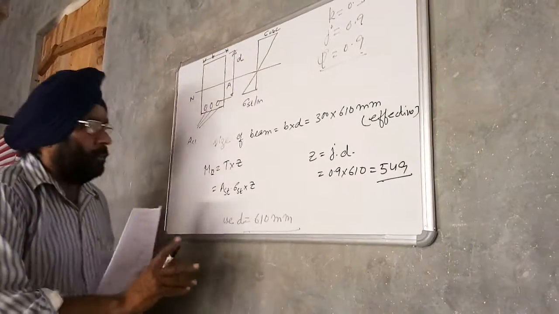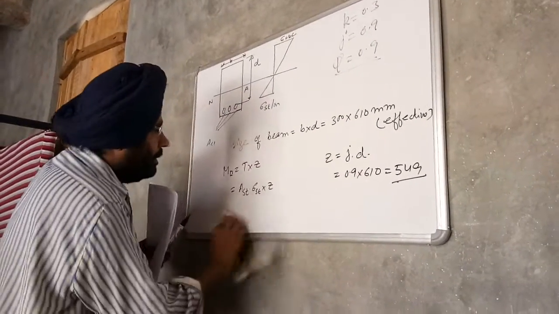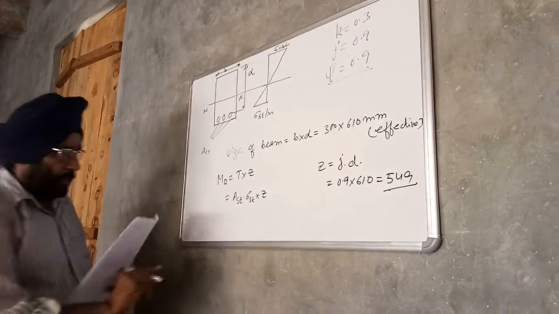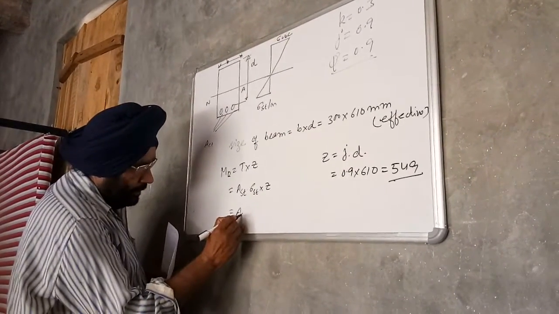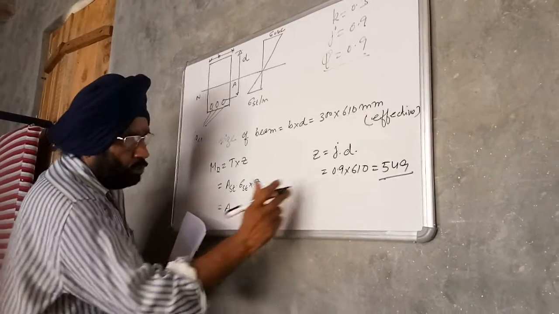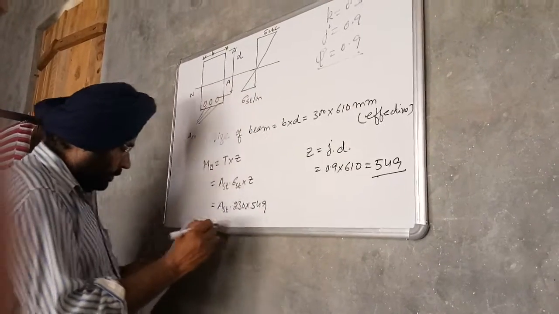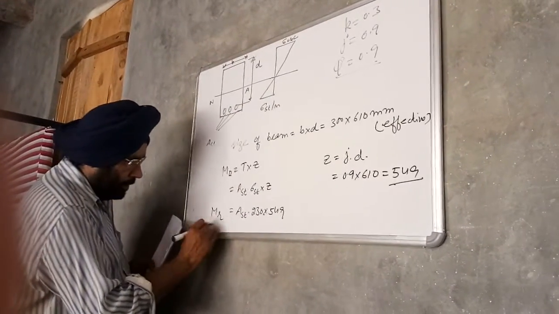Then put this value in this equation, we get AST into sigma ST 230 into Z 549. So this is equal to the moment of resistance.